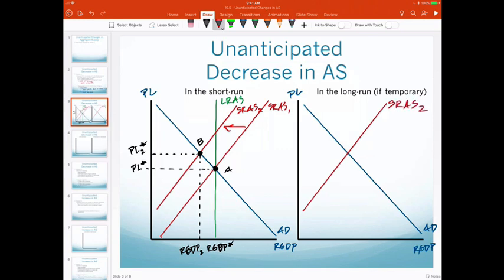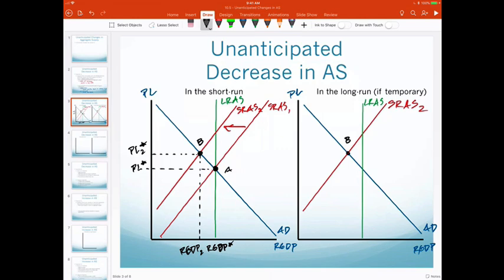SRAS2. And our long-run aggregate supply is right around here. LRAS. Okay. So the economy is right here at point B.